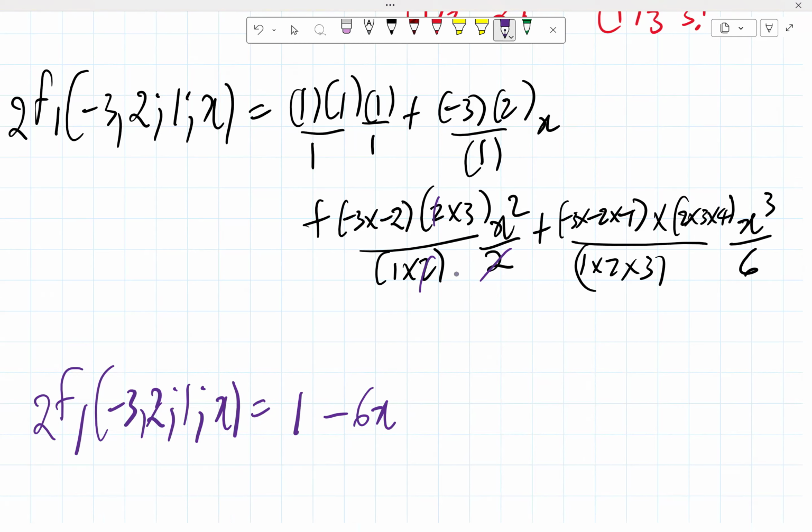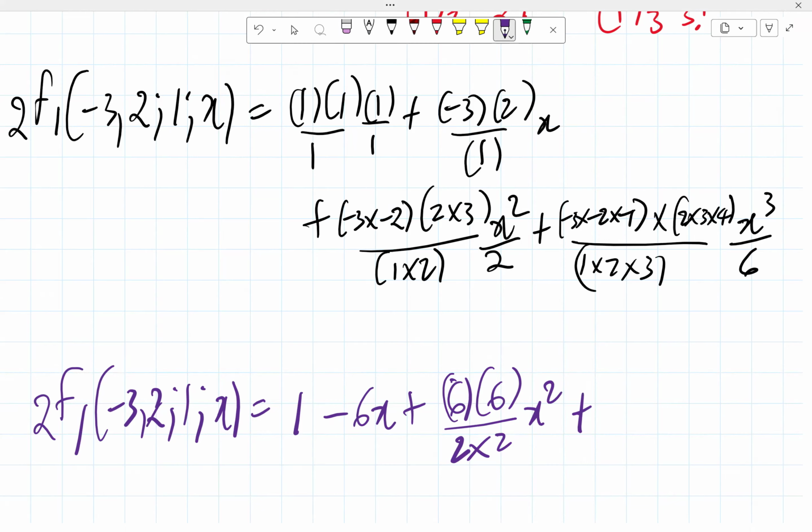I think we need to be careful so we don't mix things up, so I'll just go gradually. This is minus 3 times minus 2, that's 6 times 6, all over 2 times 2 down here. Then we have x squared.